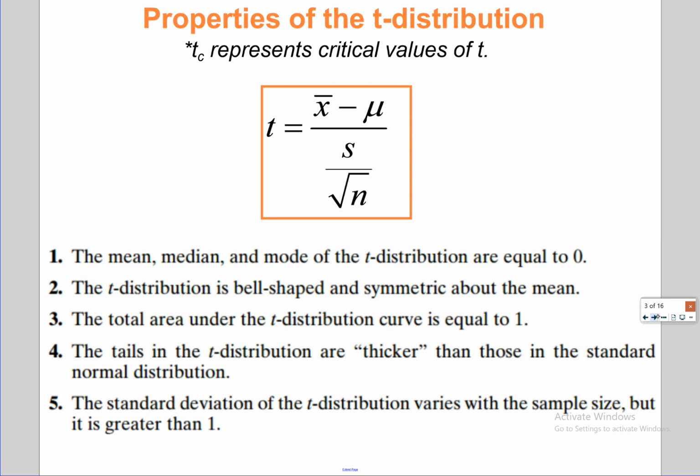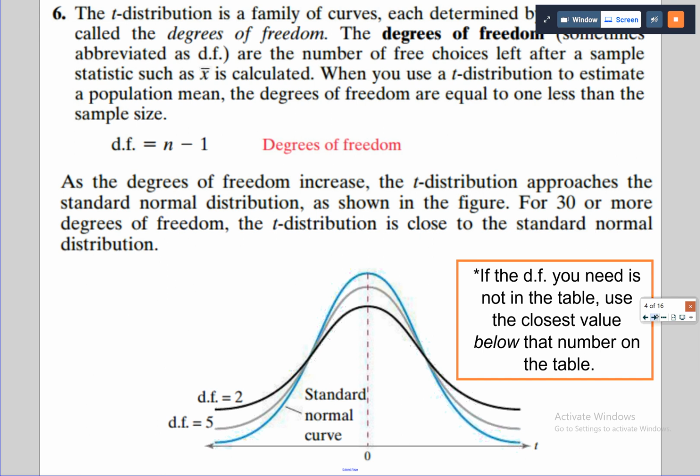The biggest difference, and we'll see this on the next page, is if you compare an actual normal curve, a z curve, to a t curve, the tails are going to be fatter. They're not going to be as much of an asymptote as close to the axes. They're going to be a little higher above the axes because when we're talking about a t-distribution, we're talking about samples, not population, which means we need to leave a little extra room for error in those tails with the information that we have. Okay, so you can see that on the next page, the difference between the two.